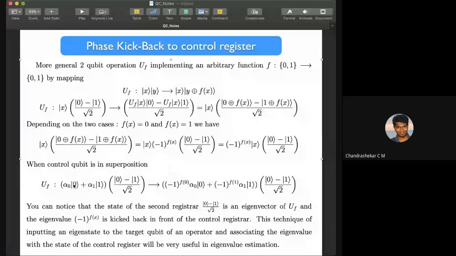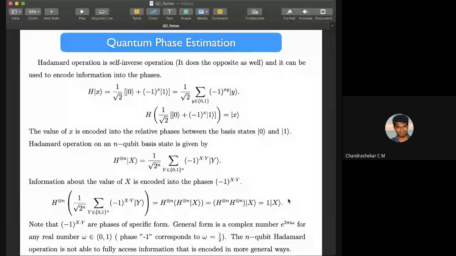Alpha, beta, here also alpha 1 and alpha 2 are the eigenvalues, and 0 and 1 are the eigenvectors. So you are trying to estimate the eigenvalues of the quantum state without making a measurement of them. So this has implications in some algorithms coming up, which we will discuss later on.